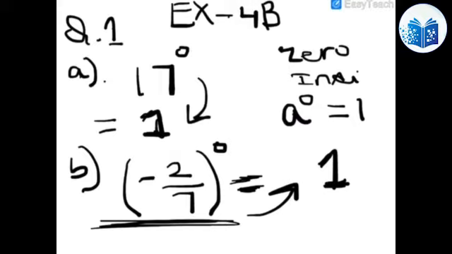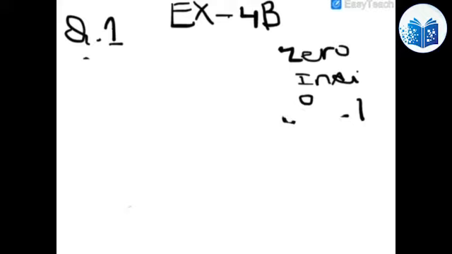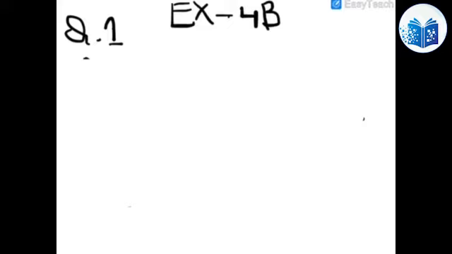Now question number 1C, which is quite interesting. If you have the book in front of you, we are doing chapter 4, exercise 4B. Part C says 4d power 0.